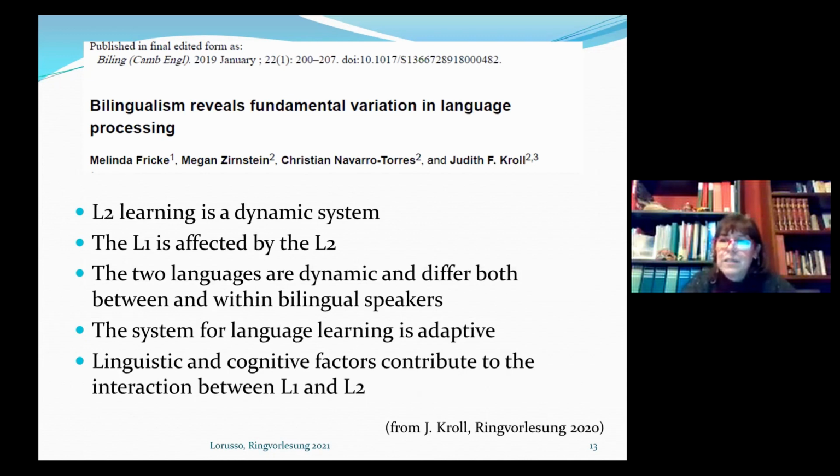Especially, we have seen very nice examples also from other talks of the impact that executive functions and inhibition and control have on the ability to suppress one language in order to speak the other one correctly.